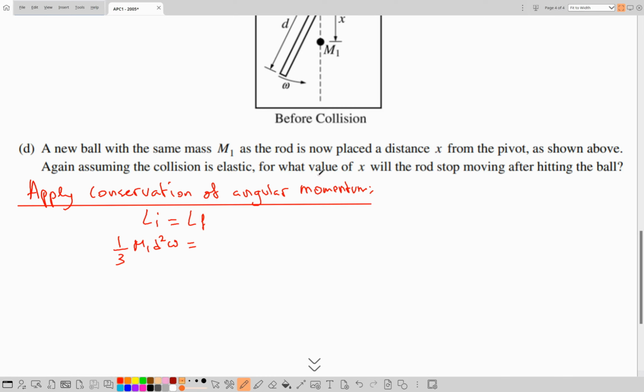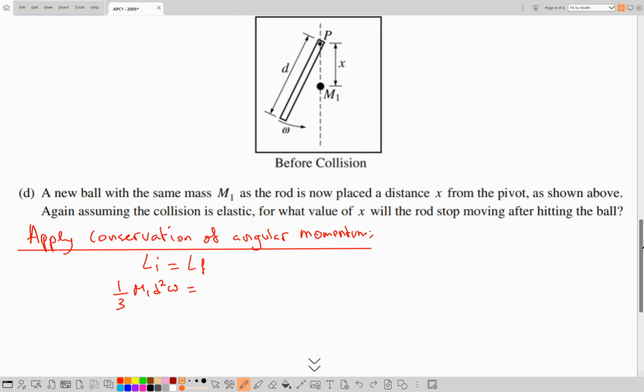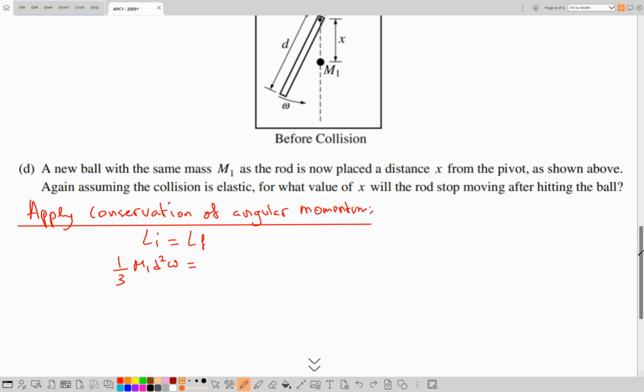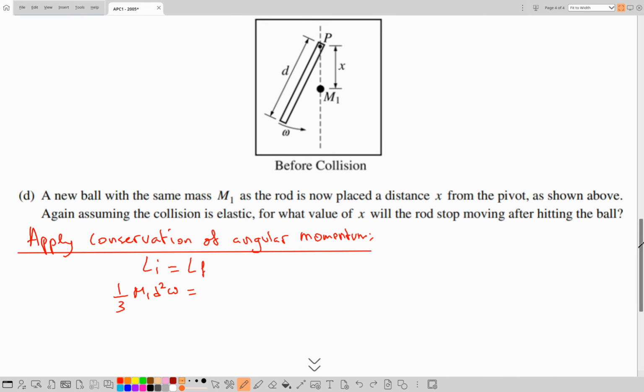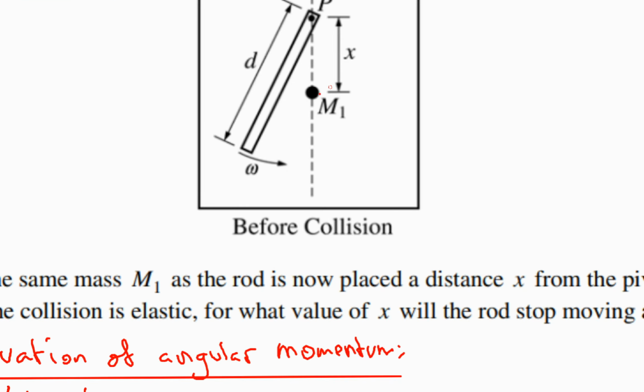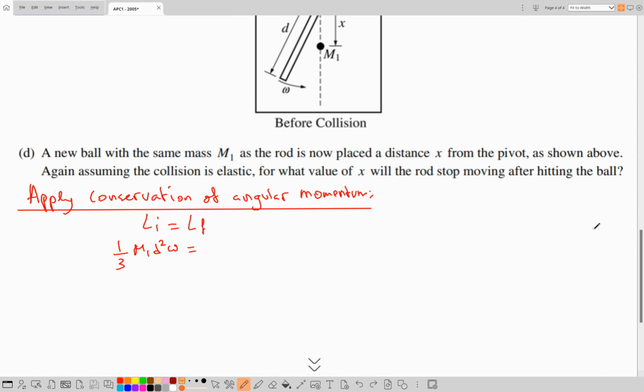Here we need to search for the value of x at which the rod stops moving after hitting the ball, so we assume that the rod will stop after collision, so only the ball m1 will possess momentum, which would be m1 multiplied by the new speed, which I will name v prime, multiplied by x.